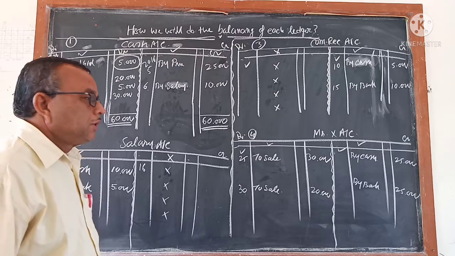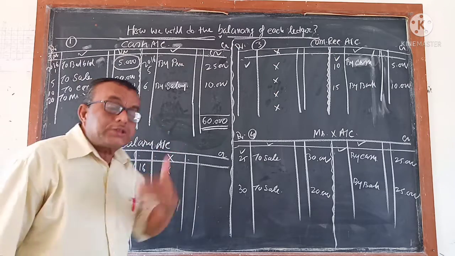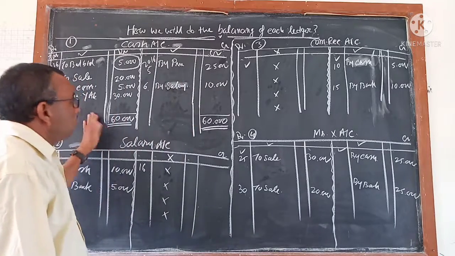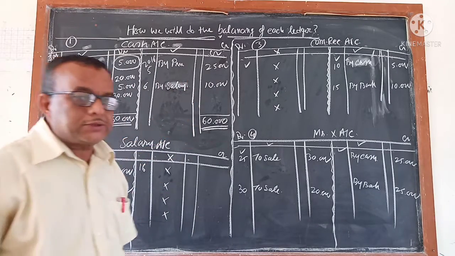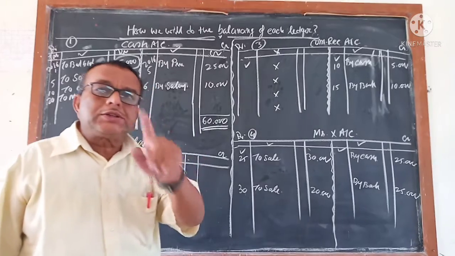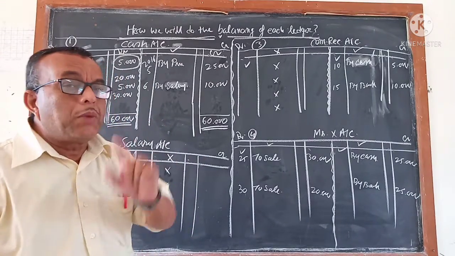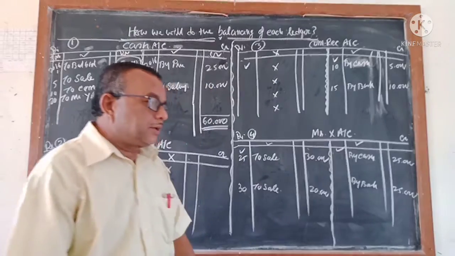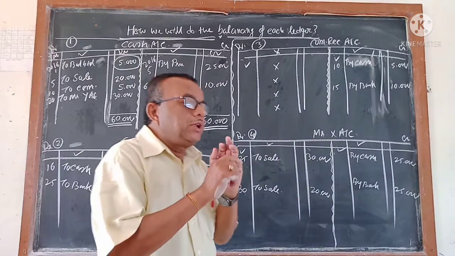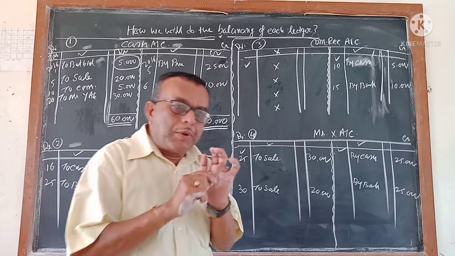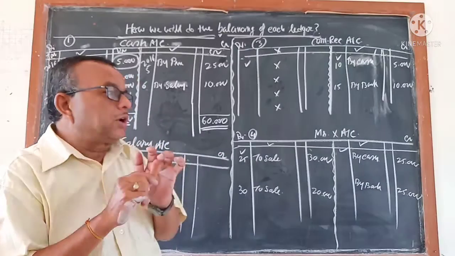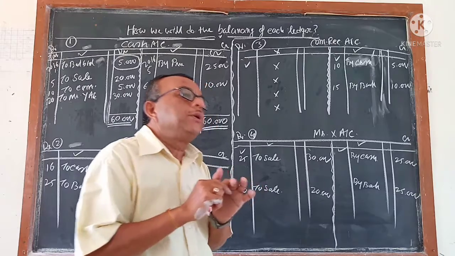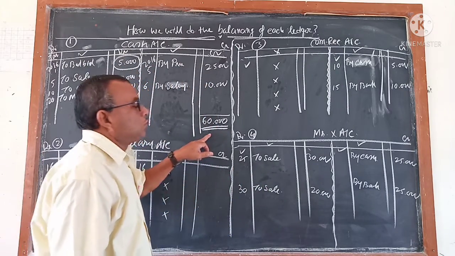Second step: which side total is less? If the debit side is more, obviously the credit side total will be less. Find out how much is less to make it a total of 60,000 and write that difference above the total.